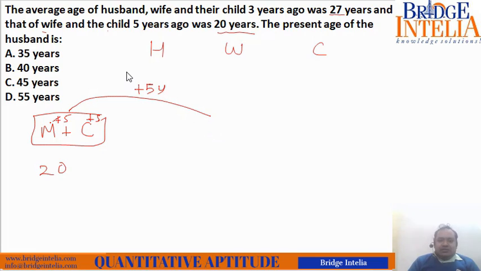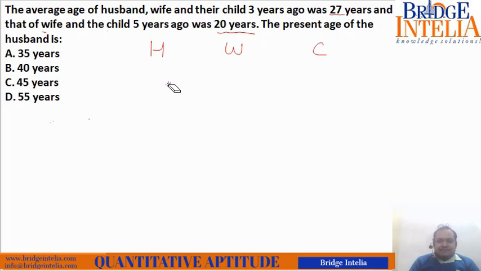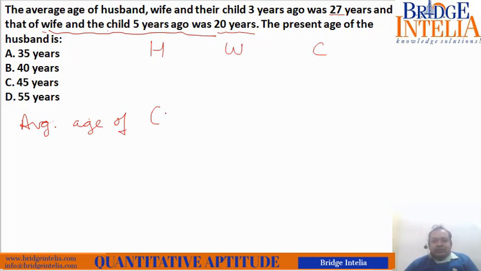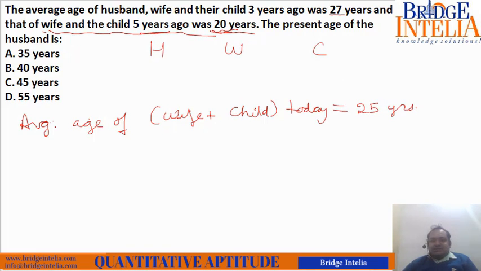So the average age of wife plus child today would be equal to 25, because 20 was the average 5 years ago.